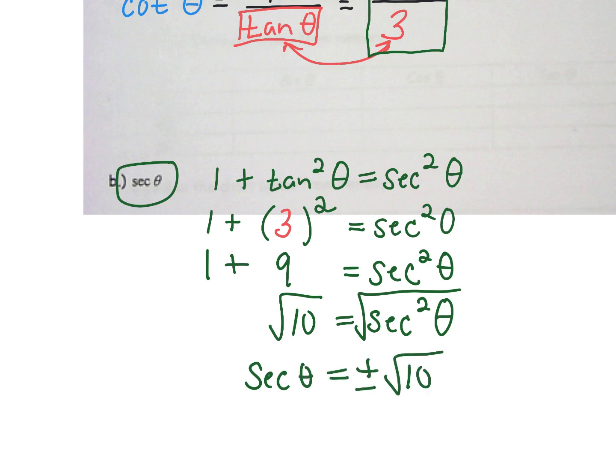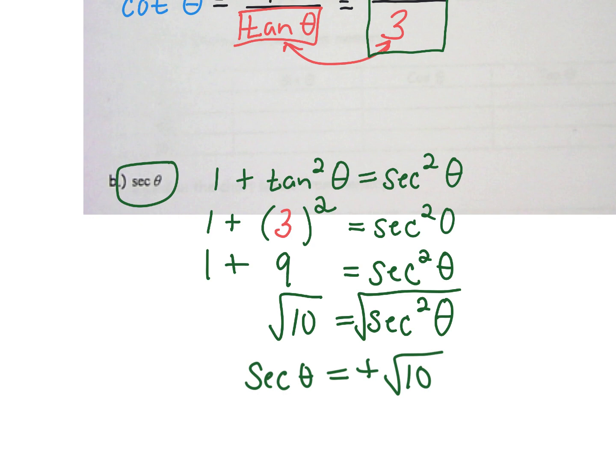But then this goes back to Parker's question from earlier. Does that disclaimer at the beginning affect our answer? So when you square root both sides, we always know that there's basically going to be 2 solutions to that problem. But because we're in quadrant 1, secant and cosine are positive in quadrant 1. So really only one of these answers holds some water. The answer to this one is just the positive square root of 10.